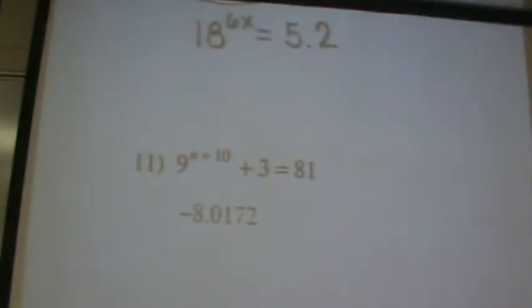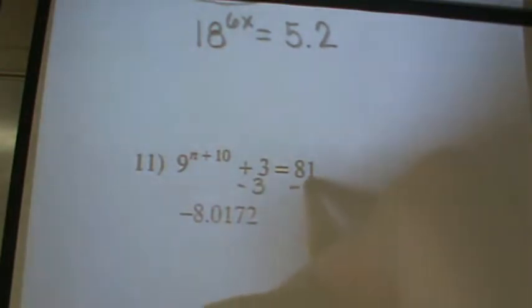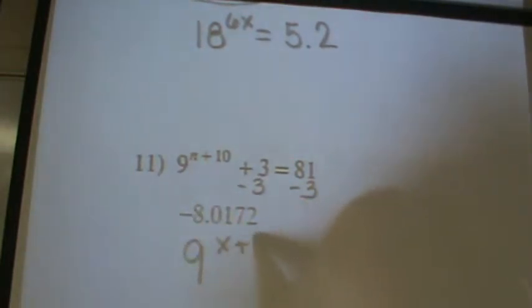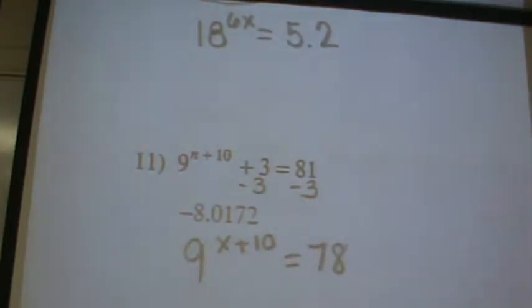So now you're seeing 3 different variations of these exponential problems. So for 11, you're going to subtract 3. So you have 9 to the x plus 10 is equal to 78. Then what would you do? Put it in log form.